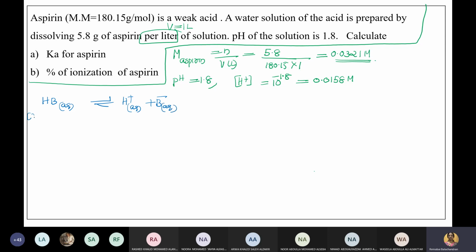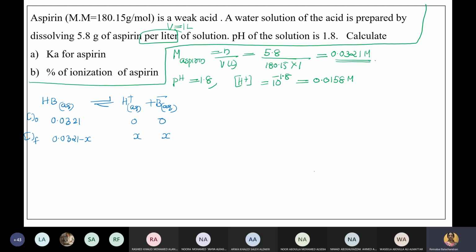So initial concentration, tell me please, what's the initial concentration? 0.0321. Here it is 0, 0. Final, 0.0321 minus x. Here it is x and x. So Ka or Kb?